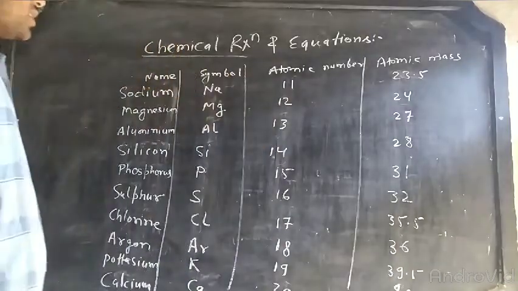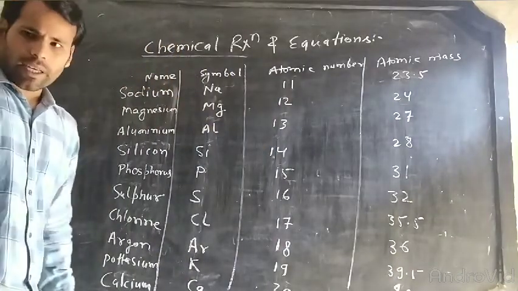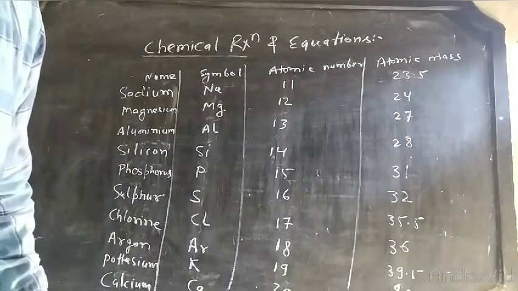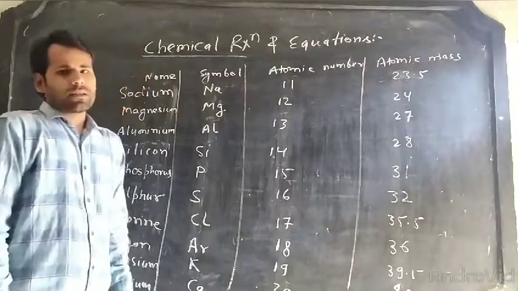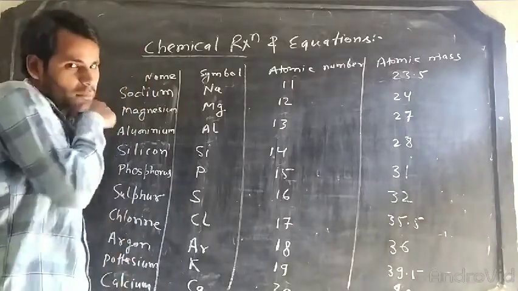We have to learn only this. We have to learn up to 20 elements and a few radicals also. After this, we can make the chemical reactions.